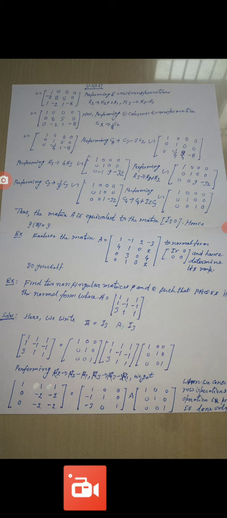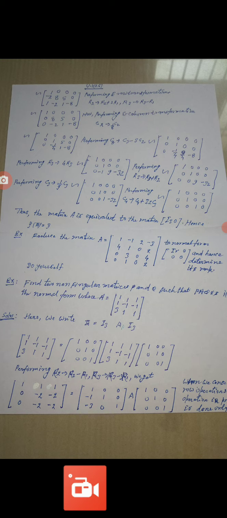Solution: here we write A equal to I3 A I3, since the rows and columns are 3 by 3.